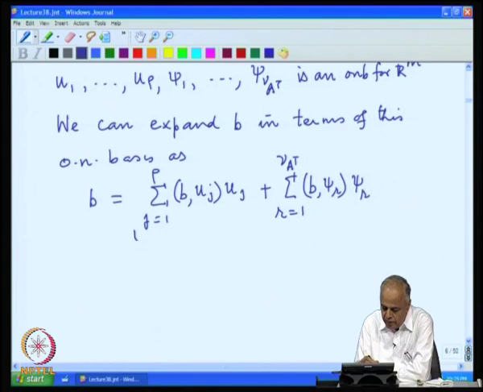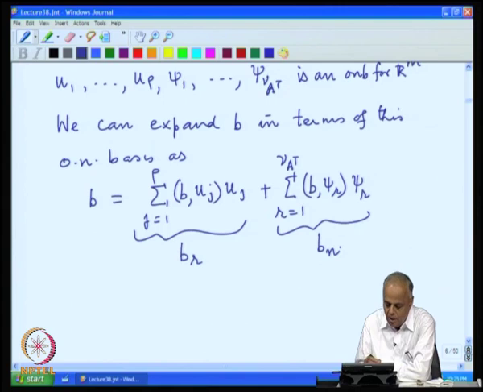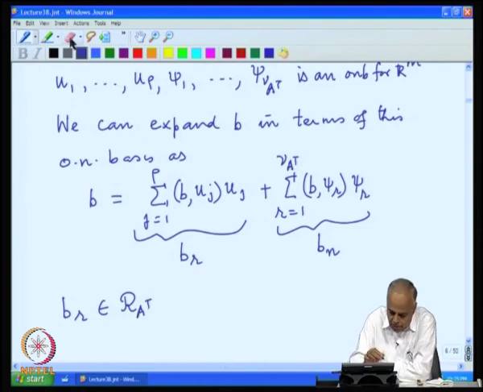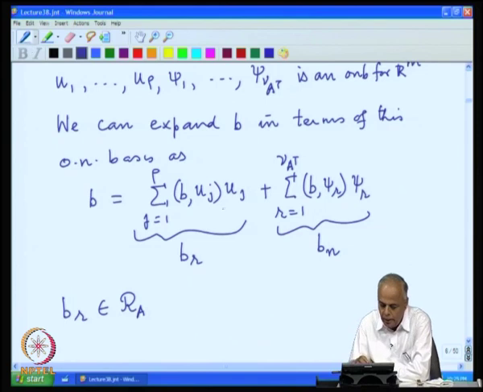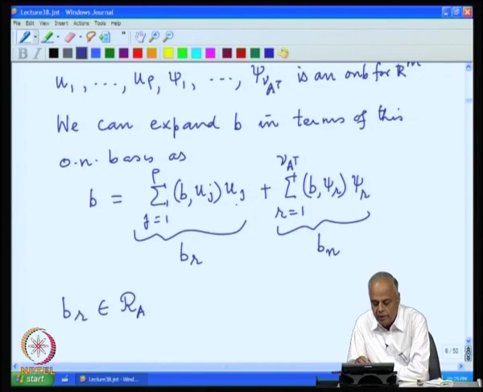We shall denote these vectors by b_r and b_n. Now, b_r belongs to the range of A, because it is a linear combination of the vectors u_1, u_2, ..., u_rho. The vectors u_1, u_2, ..., u_rho are all in the range of A. The range of A is a subspace. Any linear combination of vectors in the range of A will be again in the range of A.